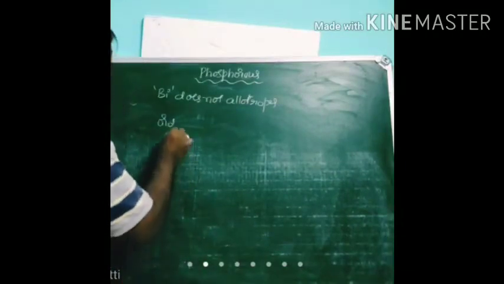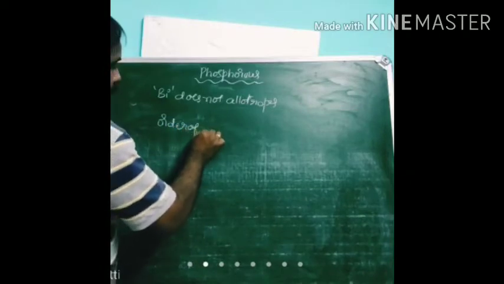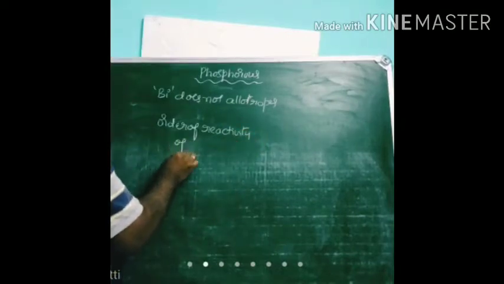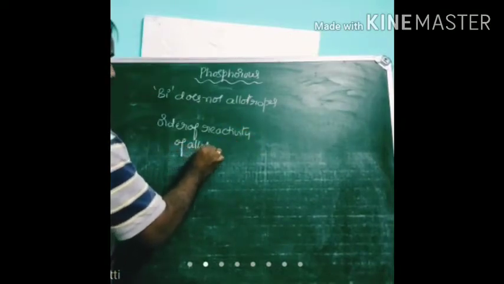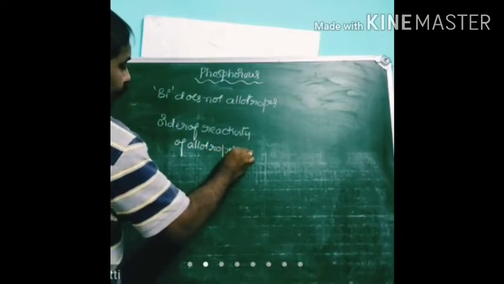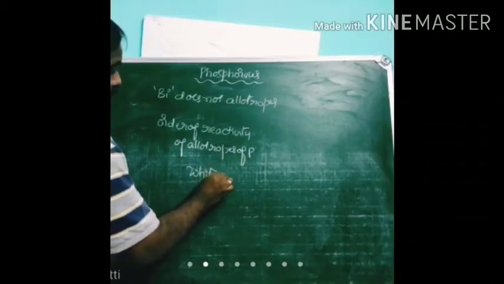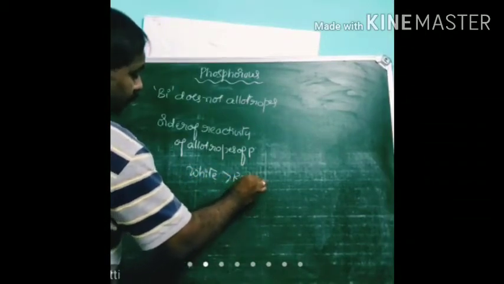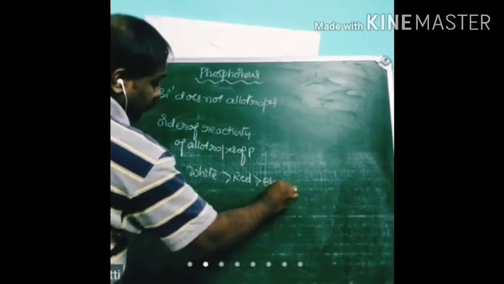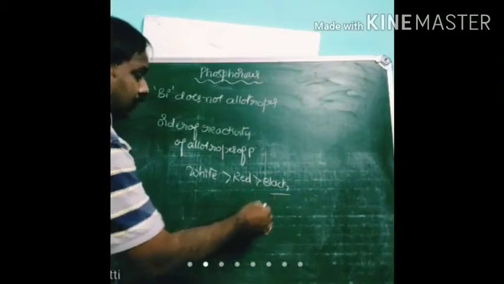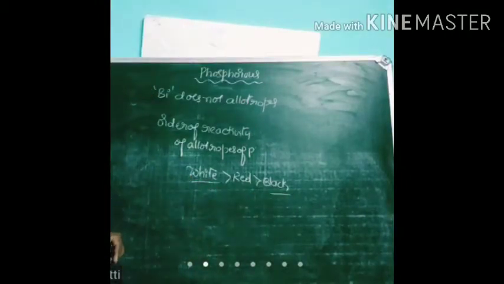So let us write the order of reactivity of allotropes of phosphorus: white, next red, and last black. So the order is reverse to the stability. Stability is more for black and reactivity is more for white.